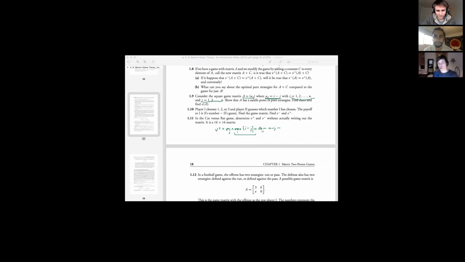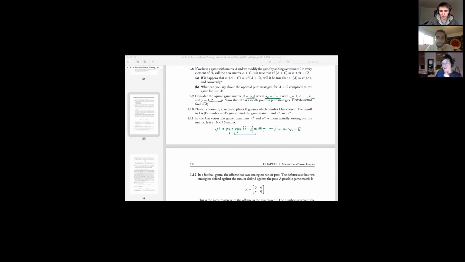So then this whole expression will be n minus n, and that's going to be 0. And so the value of the game is going to be 0. And the optimal strategies are going to be that both players play n.